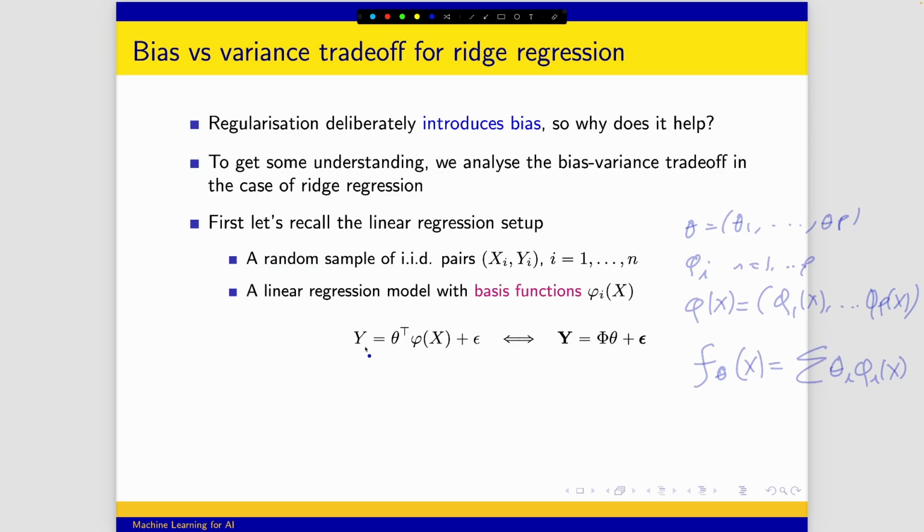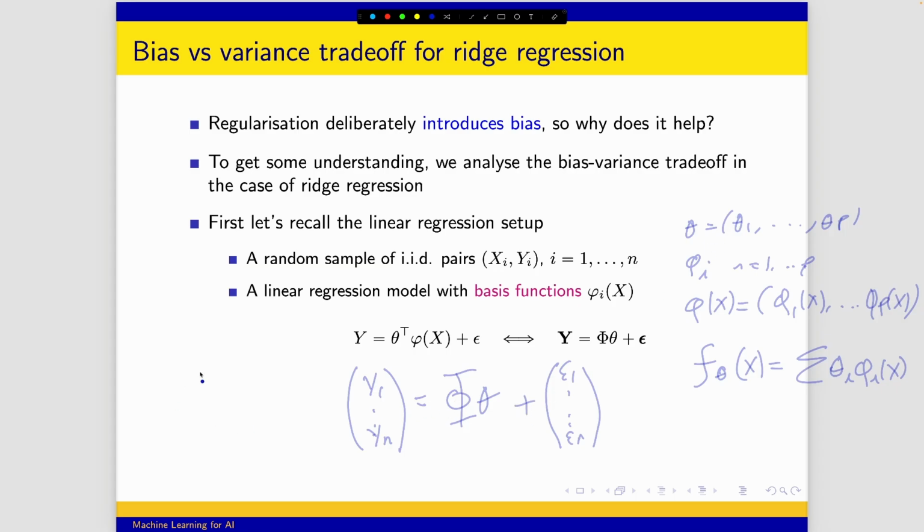And I can equivalently write this for all of the data as follows. So I take all of my targets, y1 to yn, put them inside a vector, call it bold font y, take all of the errors, epsilon 1 to epsilon n, put them inside a vector and call that bold font epsilon. And then this is equal to some matrix, which we call a design matrix, phi, times this vector theta plus this.